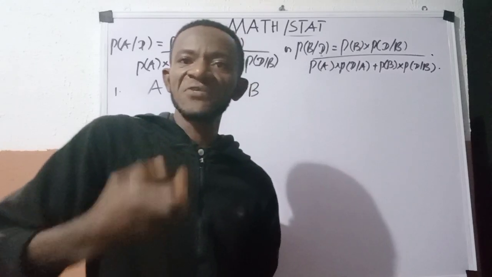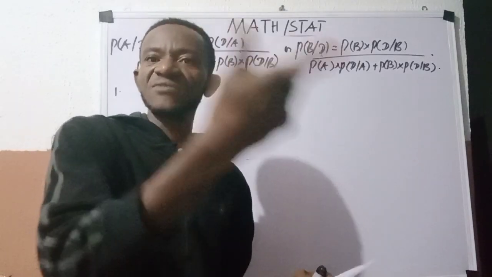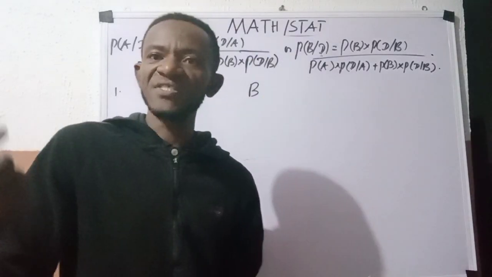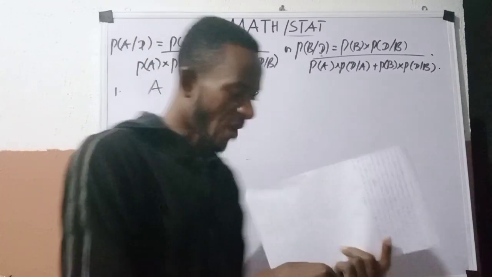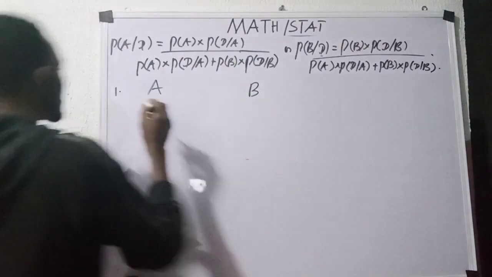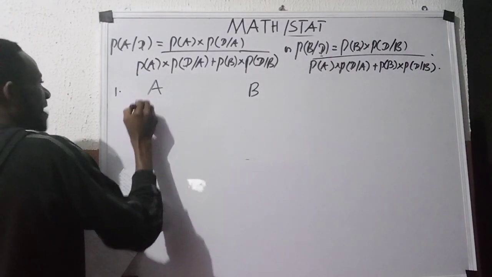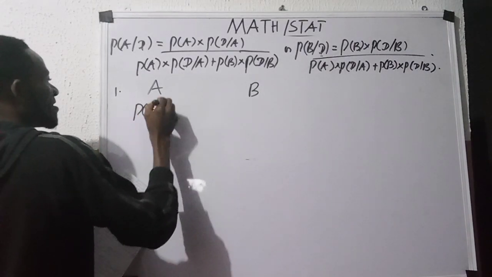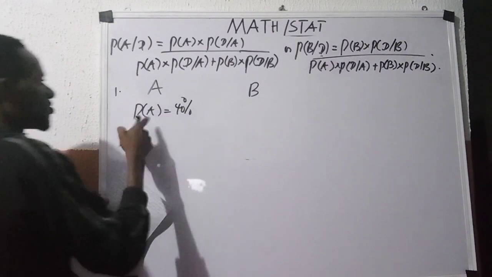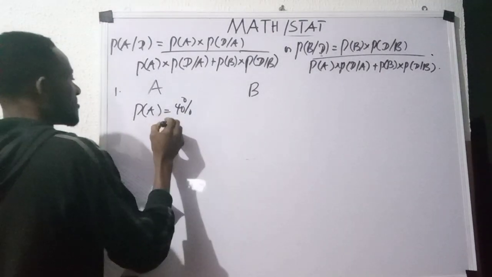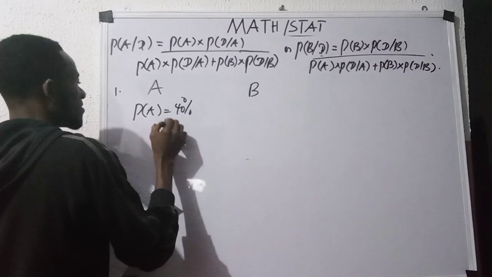Which means the probability of factory A is 40% and the probability of factory B is 60%. So I will now write that my P of A is given as 40%. And you know that this 40% can be given as 0.4.